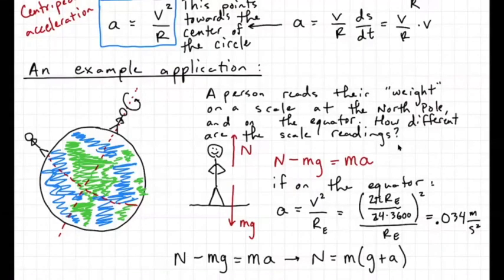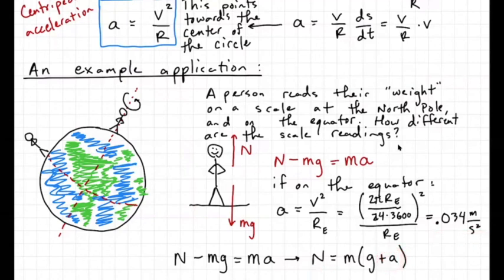Now, I've got to be a little bit careful here because which way does the acceleration go? It actually goes down. The acceleration pulls me down towards the center of the Earth. And so in my coordinate system that I've used by default, down is negative, up is positive. So this acceleration value should be negative, the value I calculated here. And so the normal force is slightly reduced compared to what it would be if there was no centripetal acceleration. So my weight is slightly reduced.